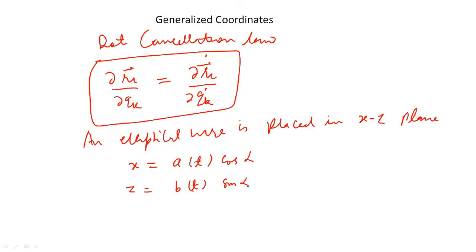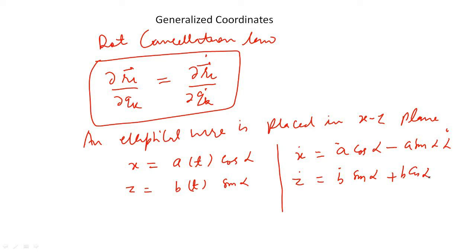So if I find the value of x dot, it will be equal to a dot cos alpha minus a sin alpha alpha dot, and z dot will be equal to b dot sin alpha plus b cos alpha alpha dot.